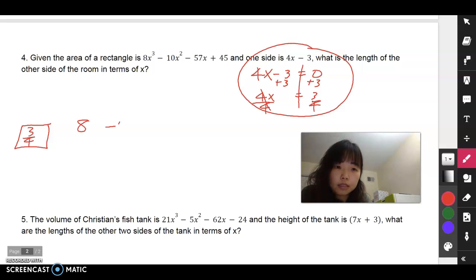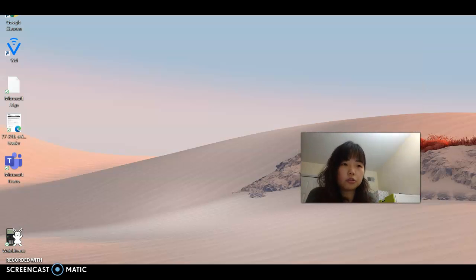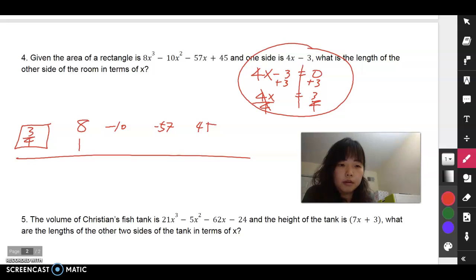So I have 8, -10, -57, 45. I do want a calculator just to show you. Let me turn on the calculator. Bring it down, so it's 8. So we multiply.